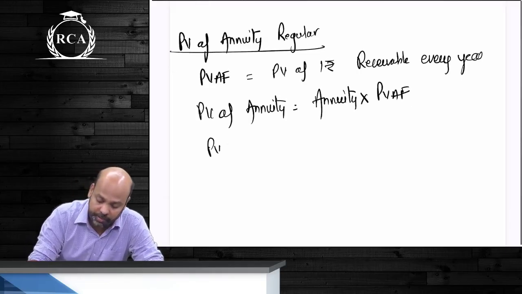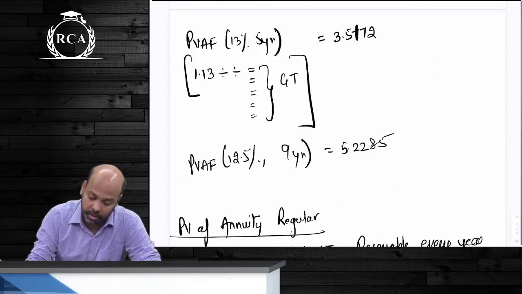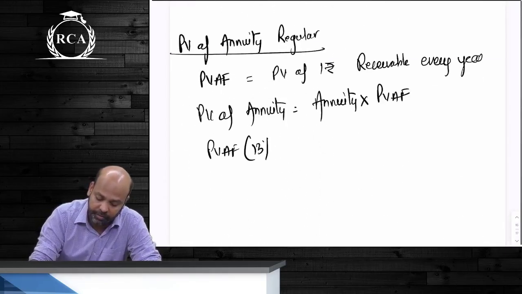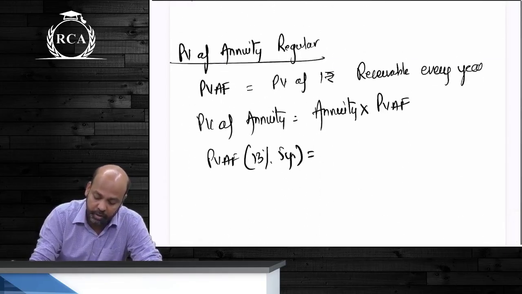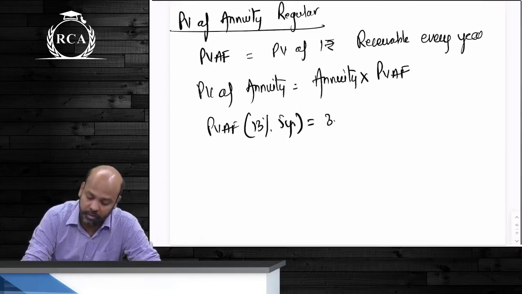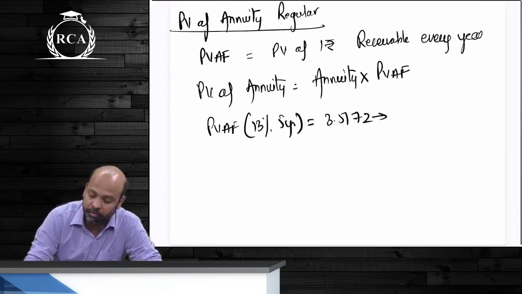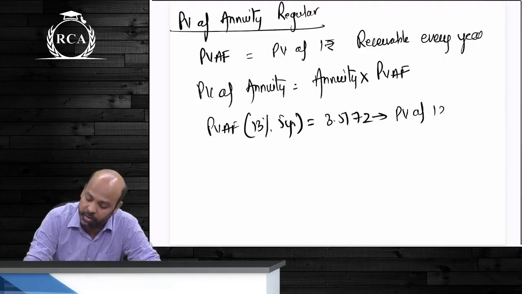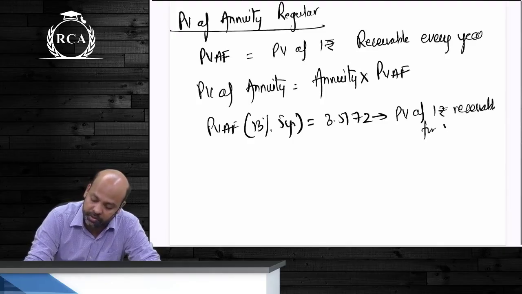Let's say the present value annuity factor at 13% for 5 years is 3.5172. This means this is the present value of 1 rupee receivable every year for 5 years.